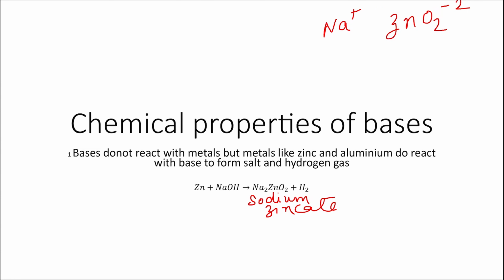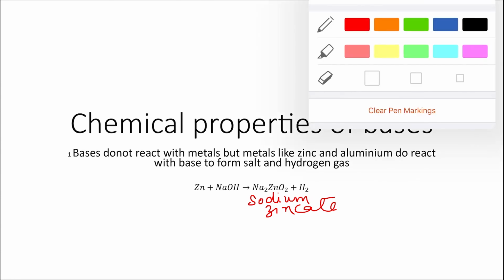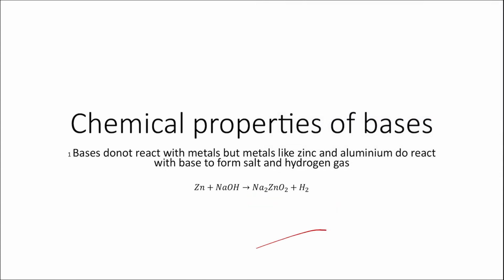Just as zinc reacts with sodium hydroxide to give sodium zincate, in a similar way aluminium reacts with NaOH to give a salt called sodium aluminate. In this case, aluminium forms one ion called aluminate ion, that is AlO2. How is it different from zincate ion?